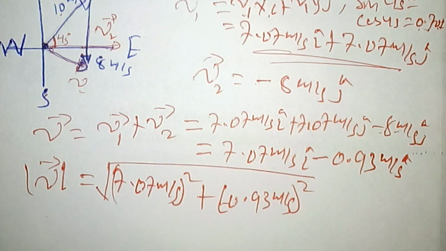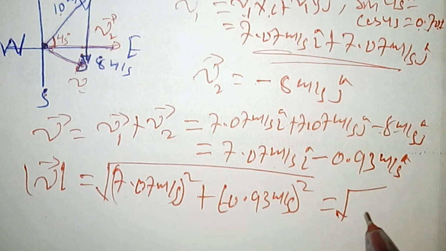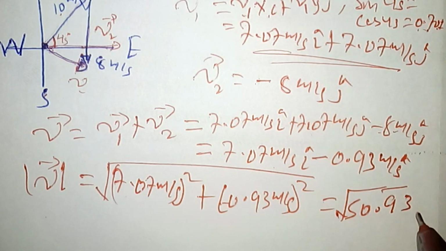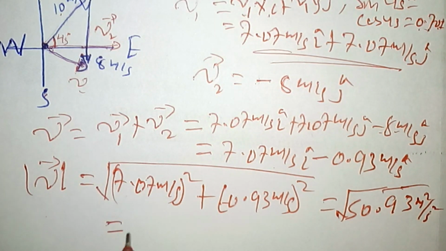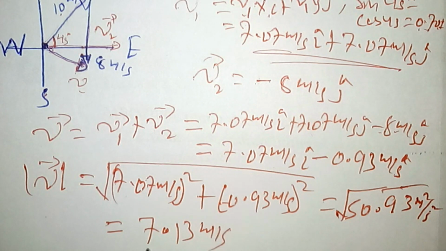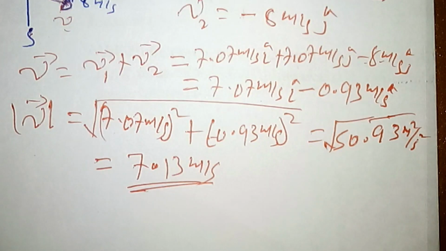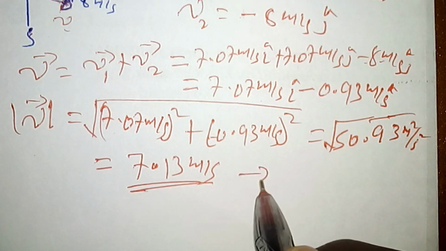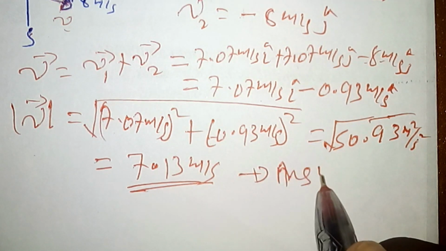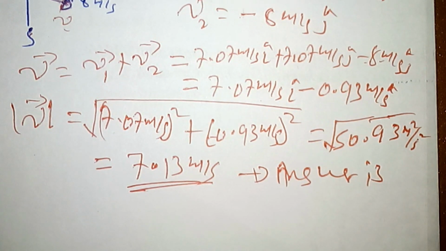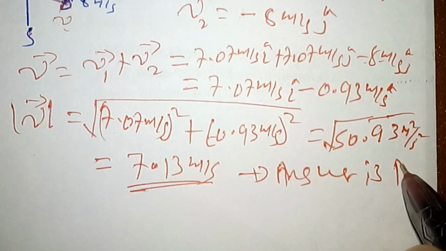So this is equal to the square root of 50.93 meters squared per second squared, which gives me 7.13 meters per second. So the answer is alternative D.